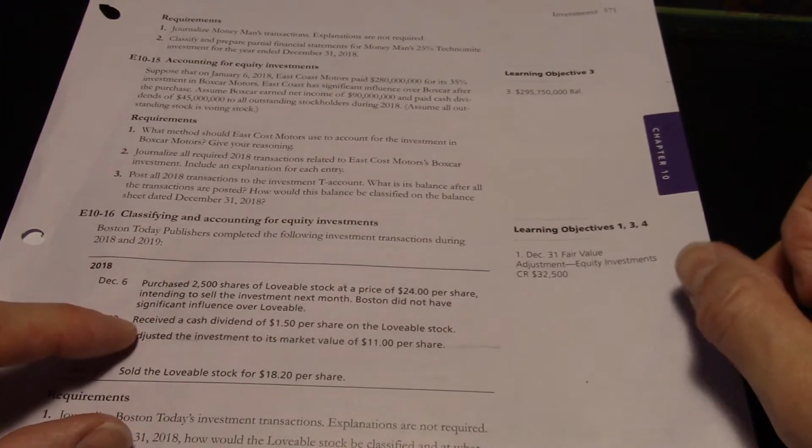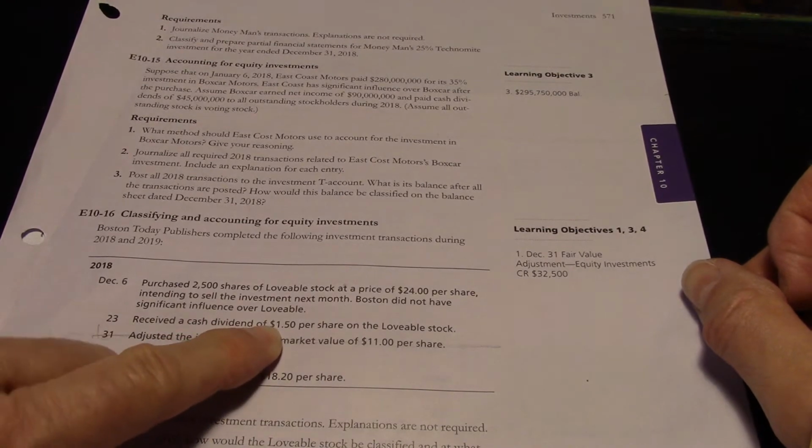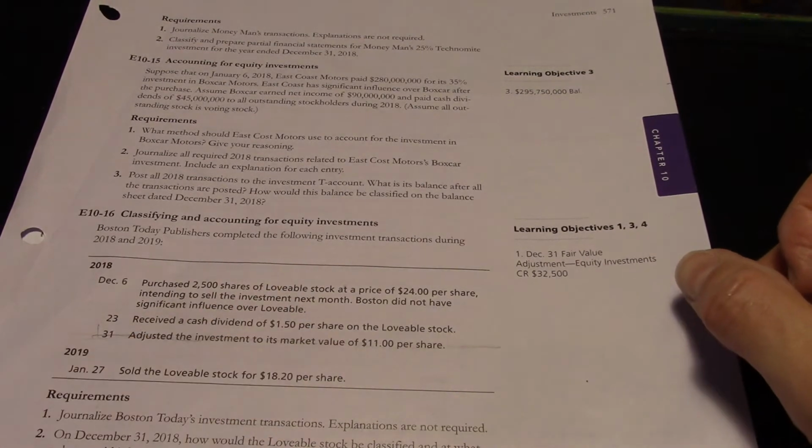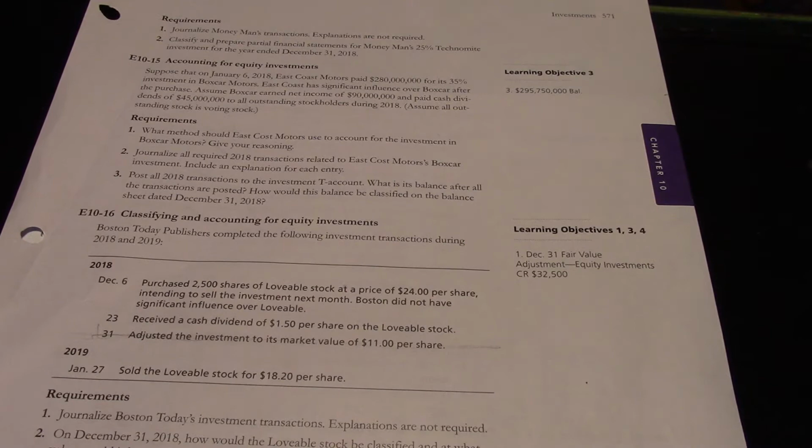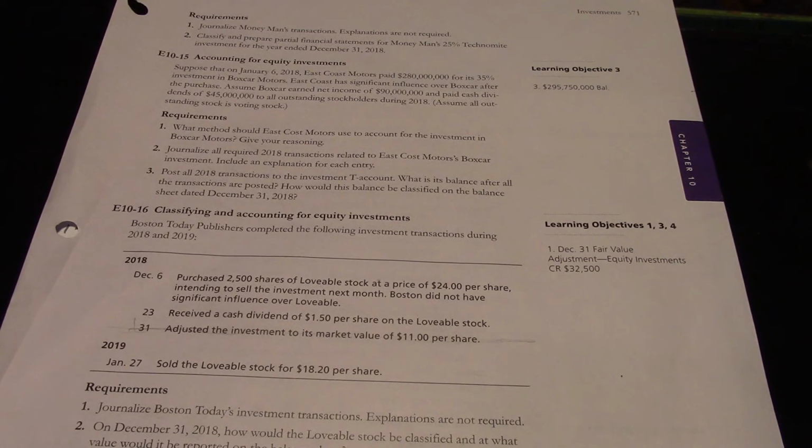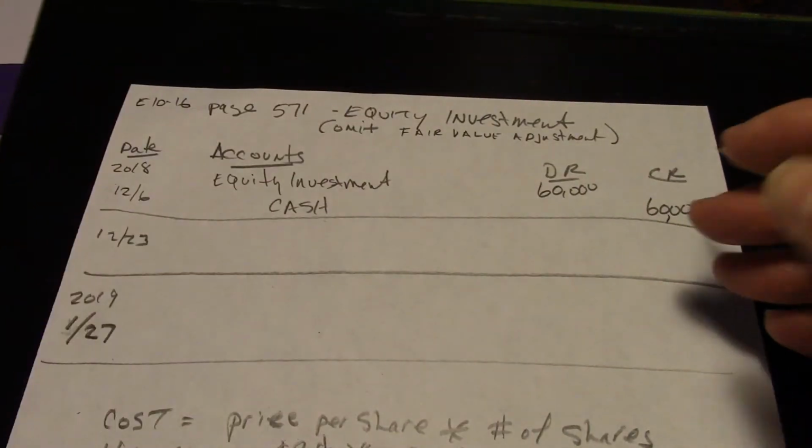All right, so what happens next? Well, the next thing that happens is we receive a cash dividend of $1.50 per share. So sometimes companies will pay out dividends, and that means you're going to get some dividend revenue in, and it comes in the form of cash. So that's pretty cool.